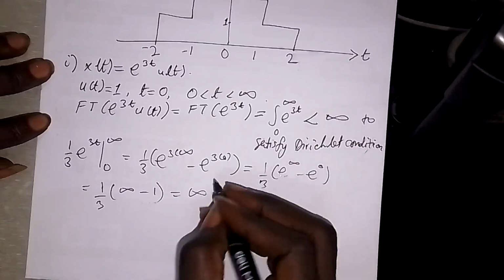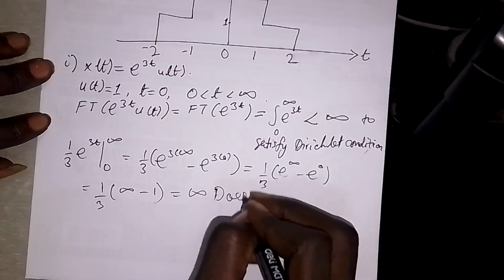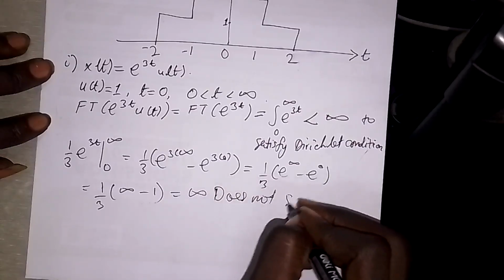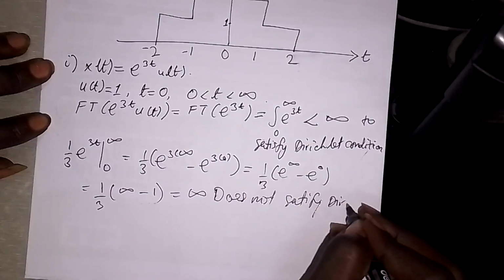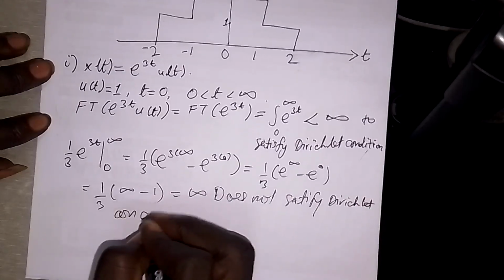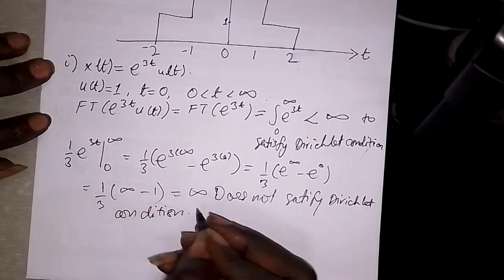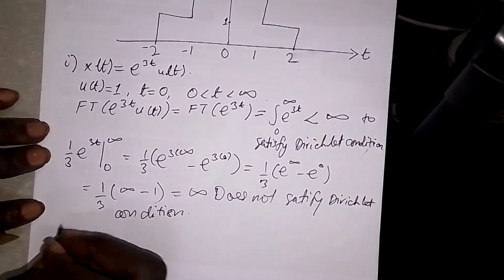If it equals infinity, then it is not less than infinity. It's not satisfying this rule. So in this case, it does not satisfy the Dirichlet condition. If it does not satisfy the Dirichlet condition, then its Fourier transform does not exist.